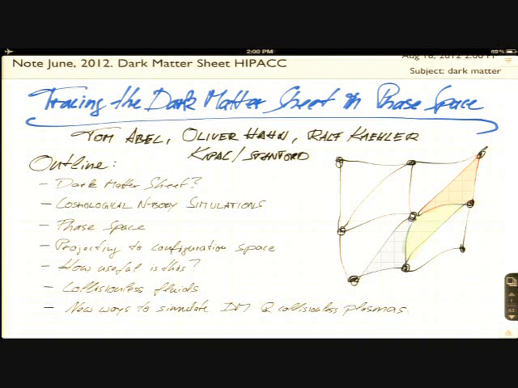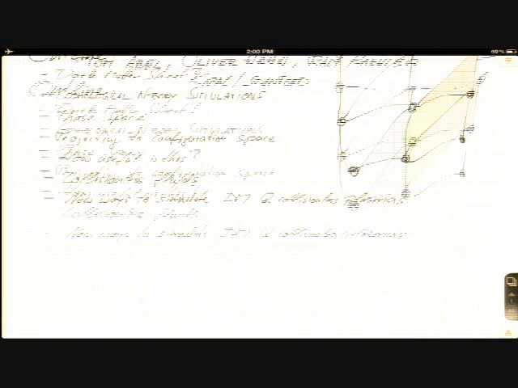It has some very nice properties, and it right away suggests how to improve the current technology for highly accurate simulations of dark matter dynamics. So I'll keep showing different examples from that.